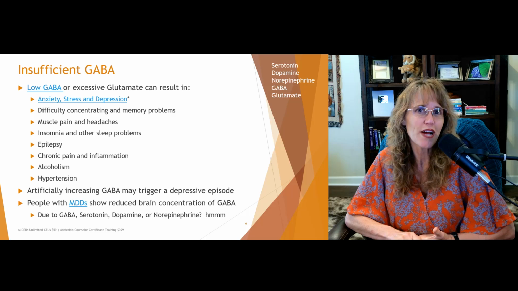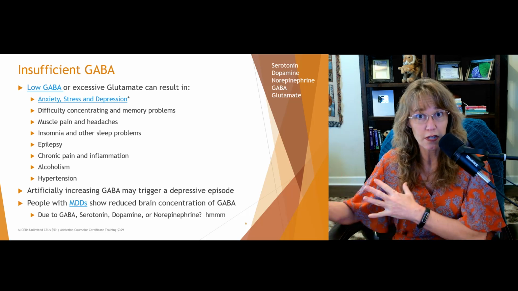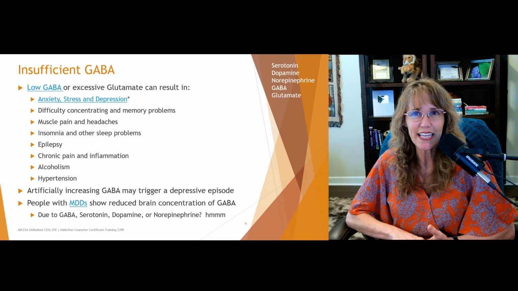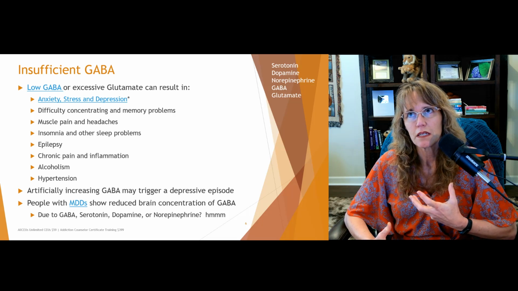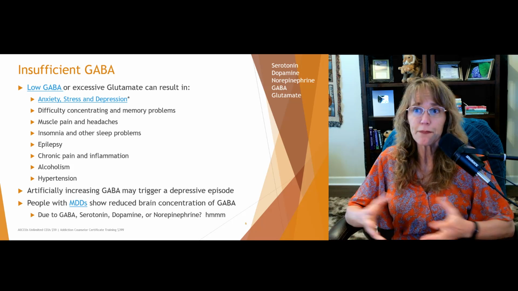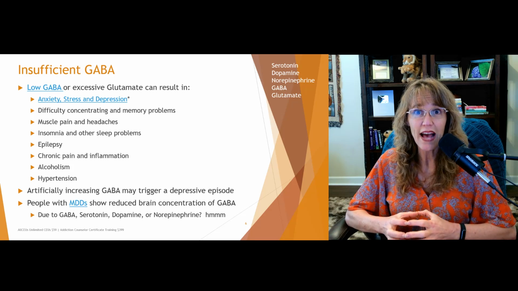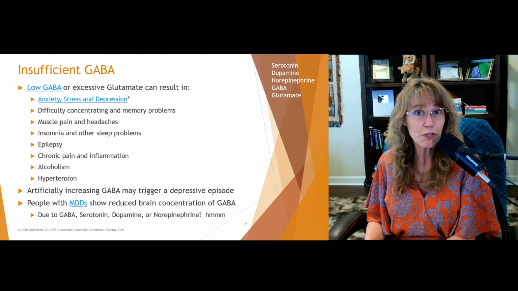So chronic stress, and we know that PTSD that goes unresolved and CPTSD all can develop depressive symptoms along with it. We see people with depression who have anxiety symptoms as well.